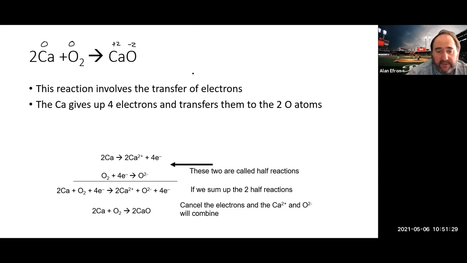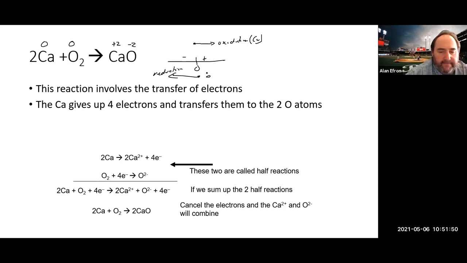So again, if you're not sure, you could look at the little number line and see that calcium is starting at 0, ending at +2. So going through oxidation, calcium. Oxygen, much like the previous one, starting at 0, ending at -2, going through reduction, right?